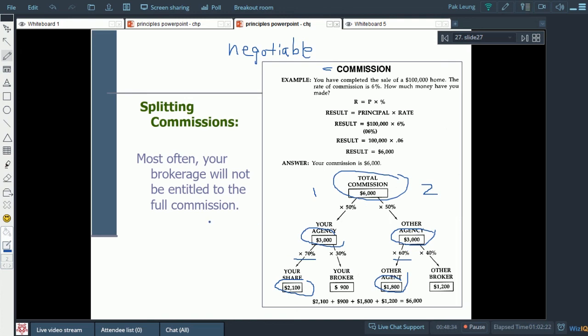But if you work for the other company, 60% times 3,000, you have 1,800. Difference of $300.